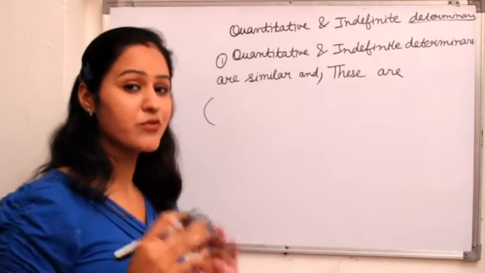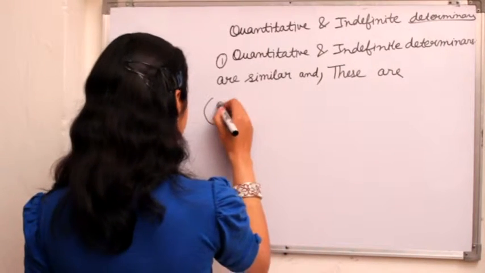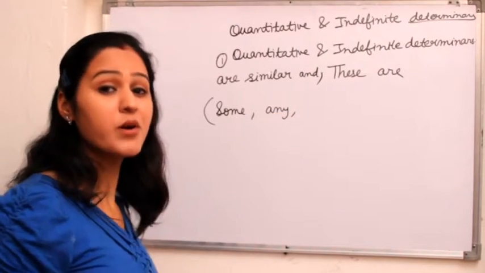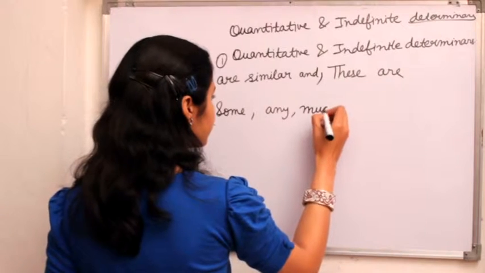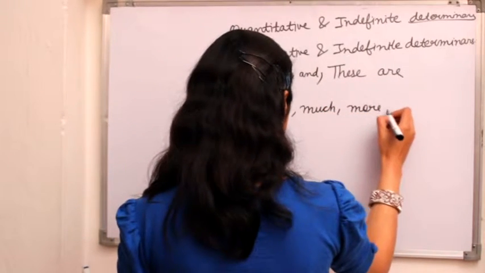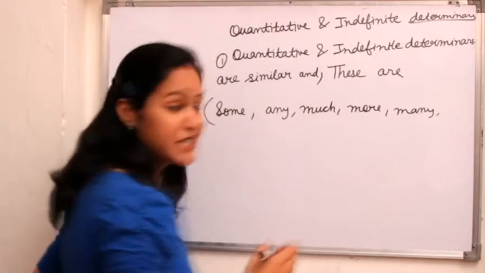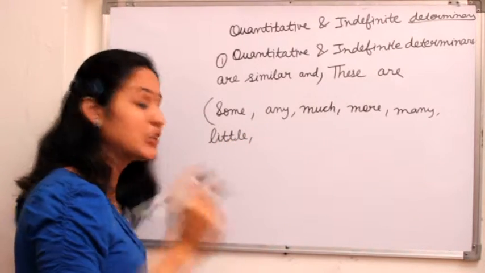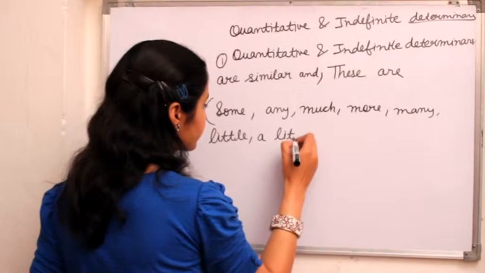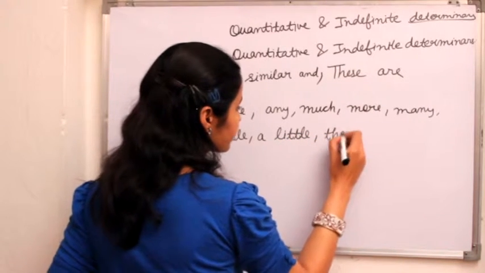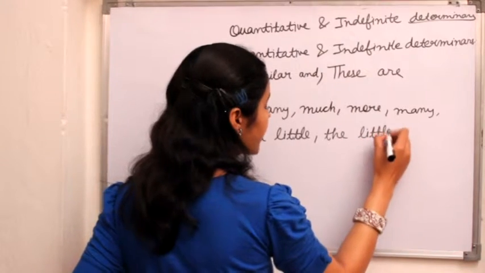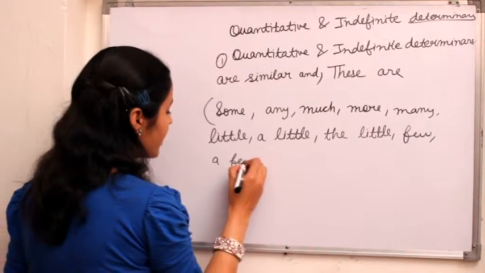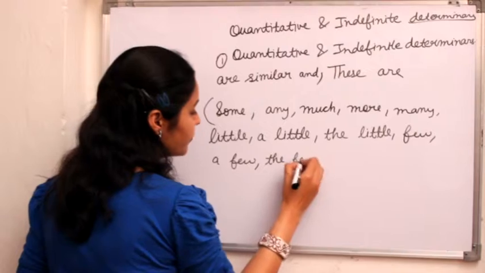We can recognize it from, just look here, I write some, any, much, more, many, little, a little, and the little. I include here few and a few, the few.